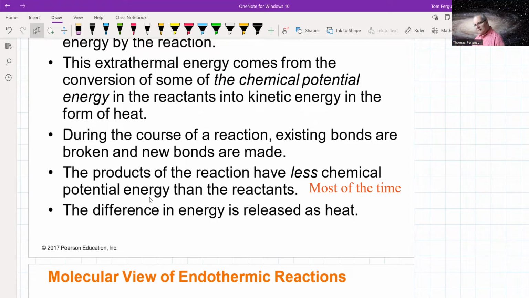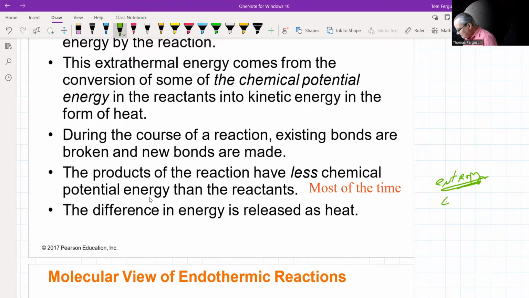And later on in thermodynamics, we're going to talk about entropy, and that gives free energy. They are a more accurate measurement of this energy exchange.